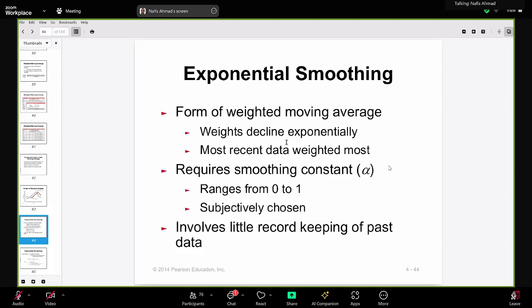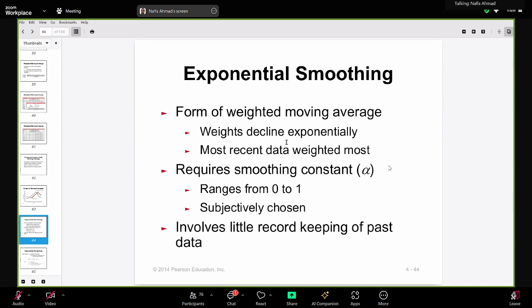Now, the exponential smoothing. As I mentioned earlier, in the case of moving average or weighted moving average, we need more historical data. But sometimes we may not have more data.